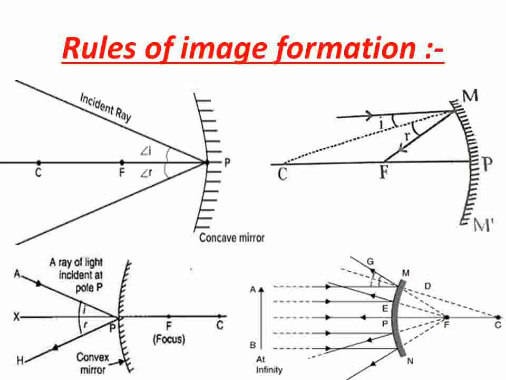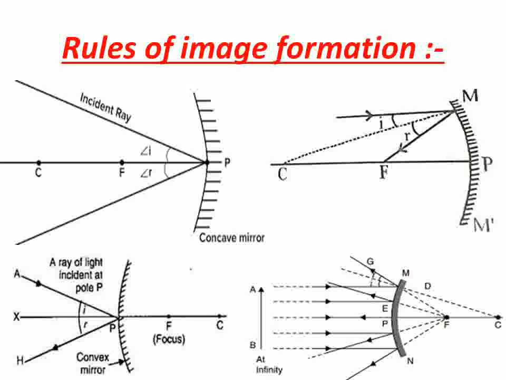In the laws of reflection, angle I is equal to angle R, and the incident ray, reflected ray and normal lie on the same plane. In the second diagram, there is a mirror in which the ray of light is coming parallel to the principal axis, and the dotted line CM shows the center of curvature line passing and falling on the mirror, that is normal again.